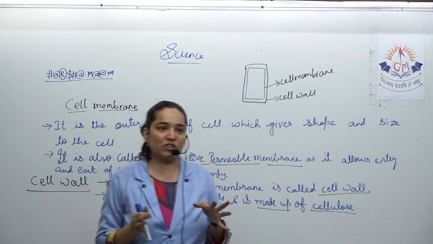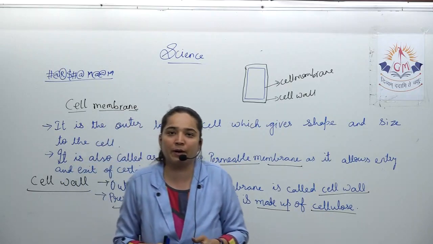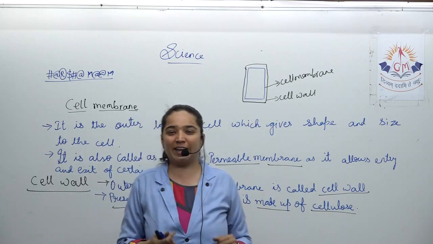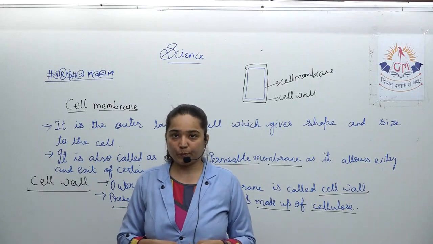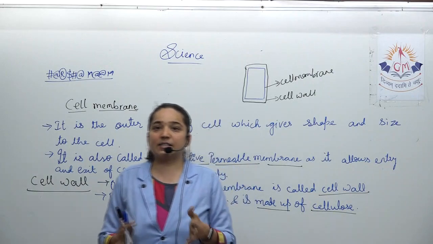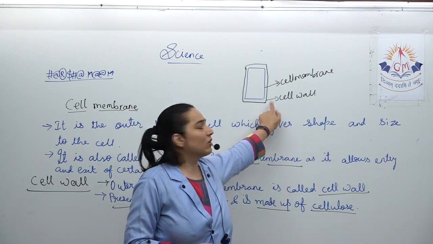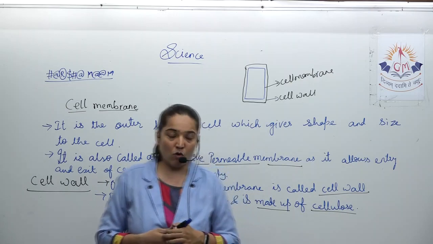Suppose imagine that if a cyclone is coming or any other problem, there is rain, then human beings will move, animals will move, and they will take shelter. Where will these plants go? They need some kind of protection from all these things, and for that God has given them one extra layer, and that is cell wall.